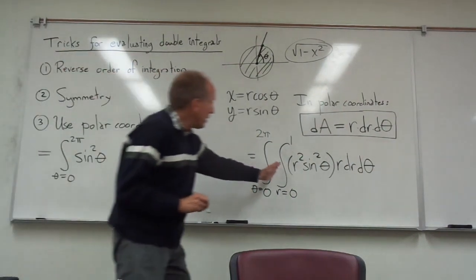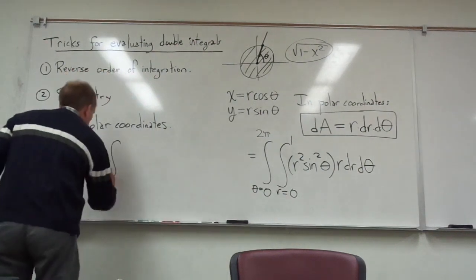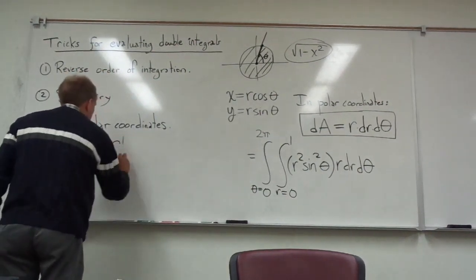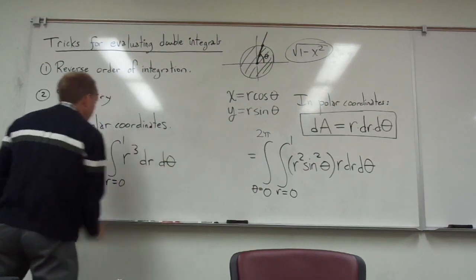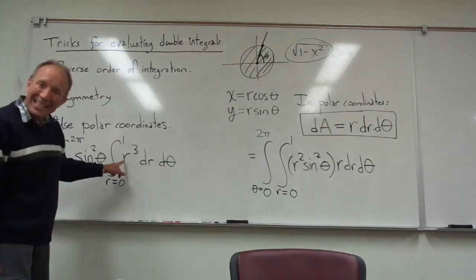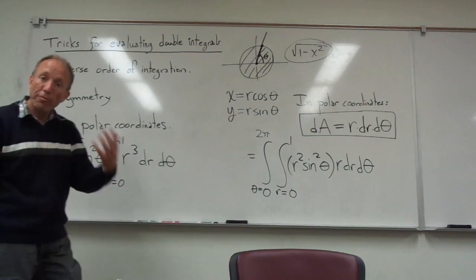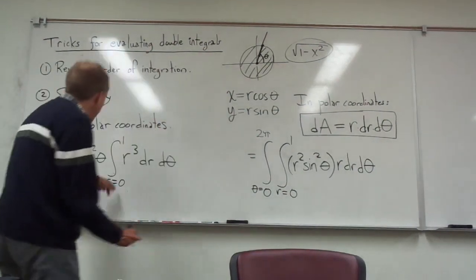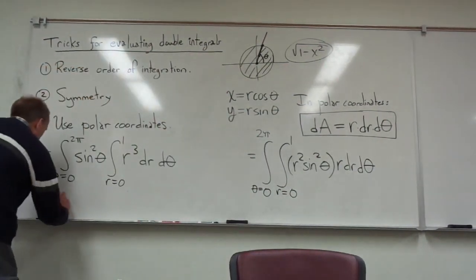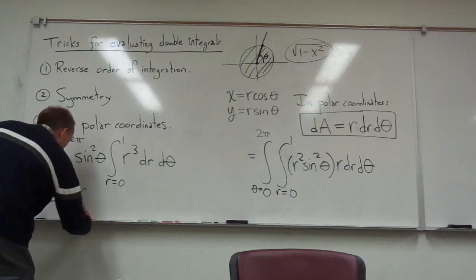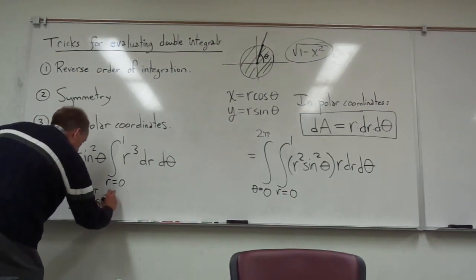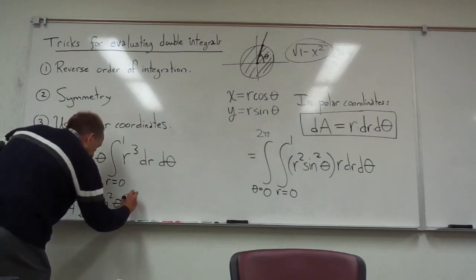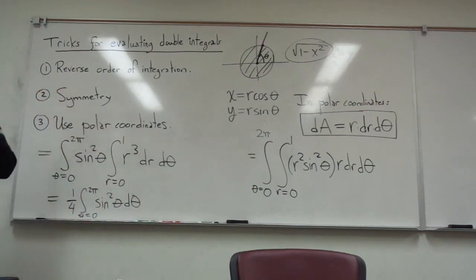When I integrate the r, notice that this is the integral of r from 0 to 1 of r cubed dr d theta. The antiderivative of r cubed is 1/4 r to the 4th. When I evaluate that from 0 to 1, I just get 1/4. So it's just 1/4 of the integral of theta from 0 to 2 pi of sine squared of theta.